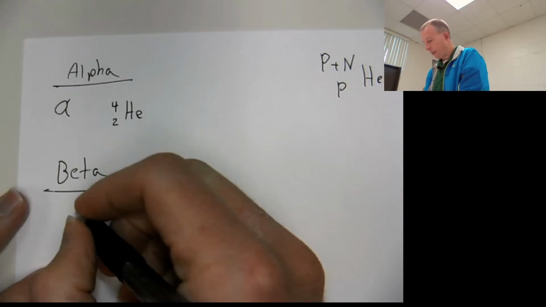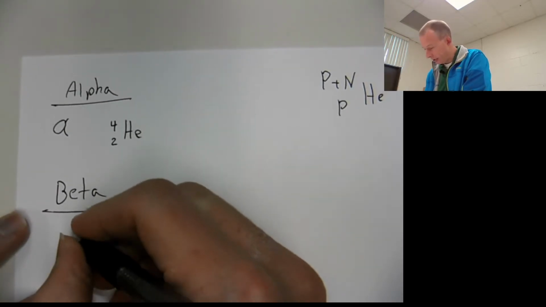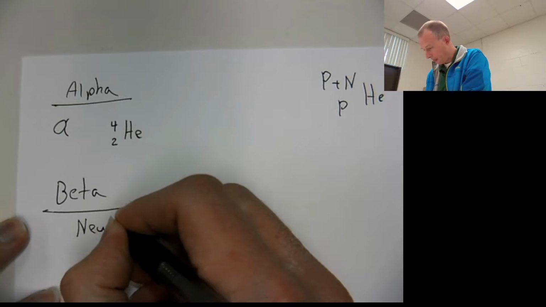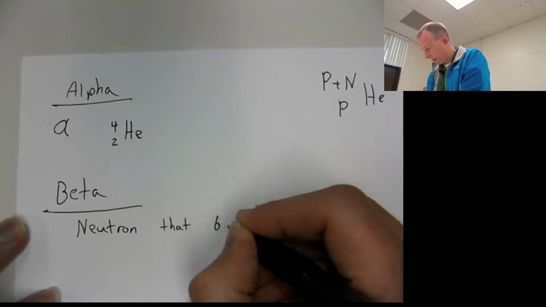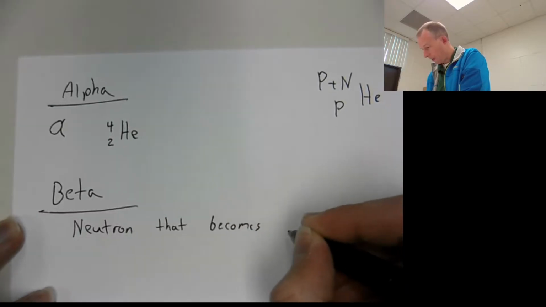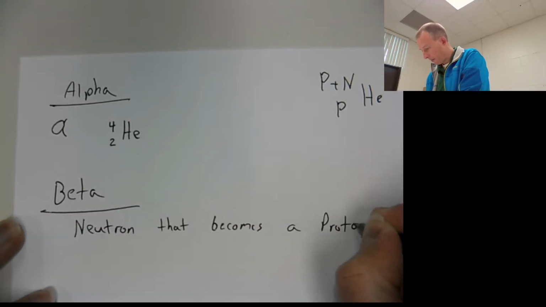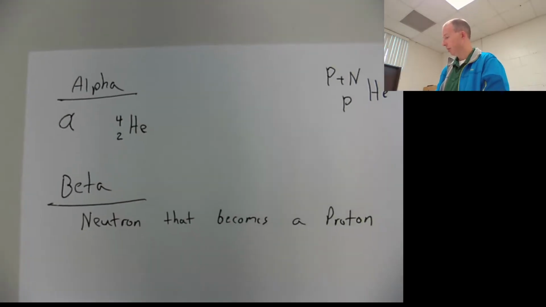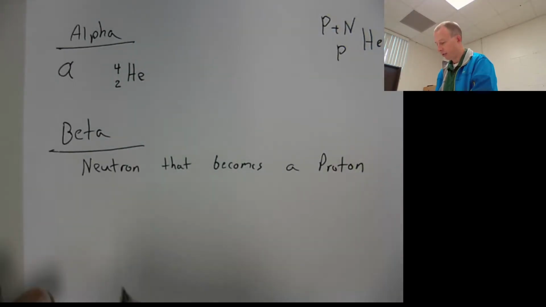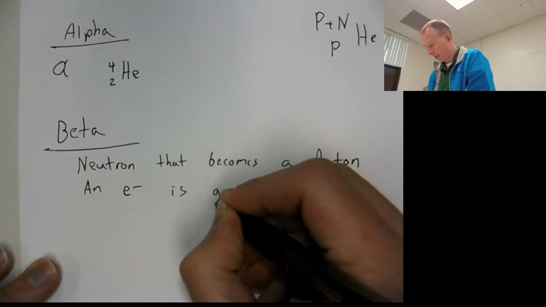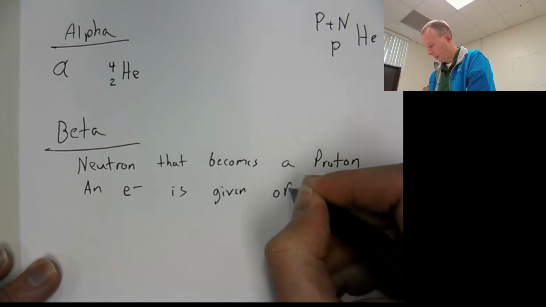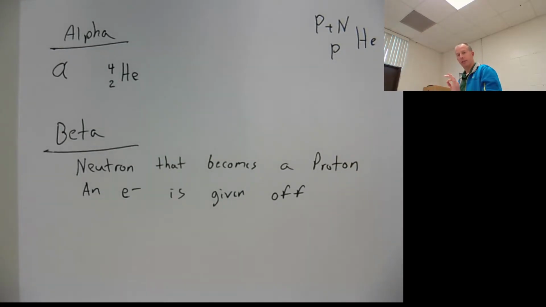When beta decay takes place, you have a neutron that becomes a proton, and then an electron is given off. So you have a neutron becoming a proton, and an electron given off.